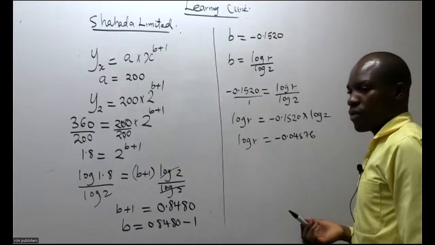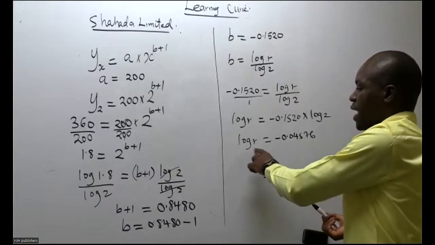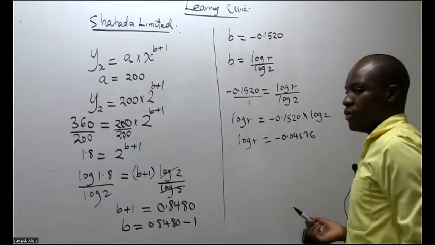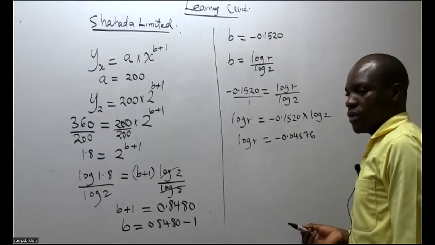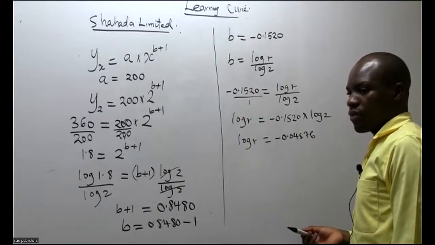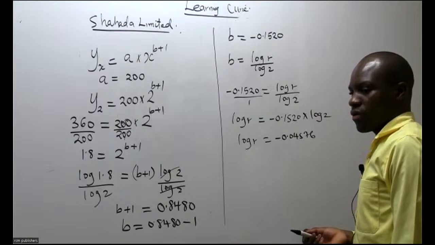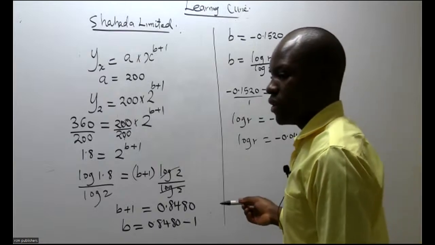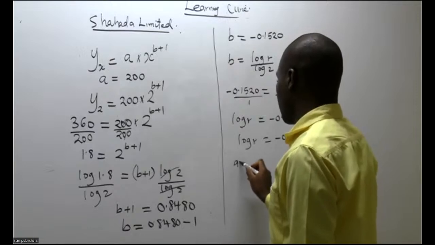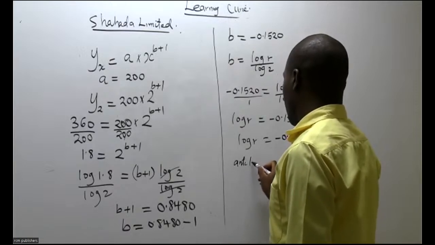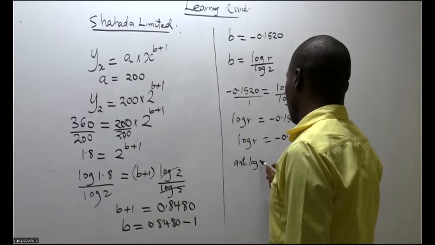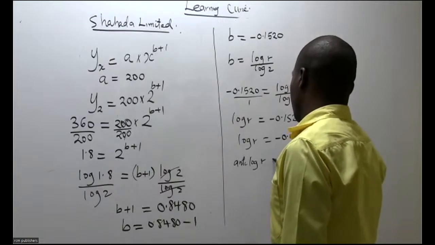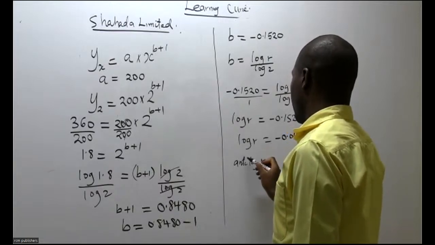What do I do? If I want to get R now, not log R, what do I do? I need to get the anti-log.